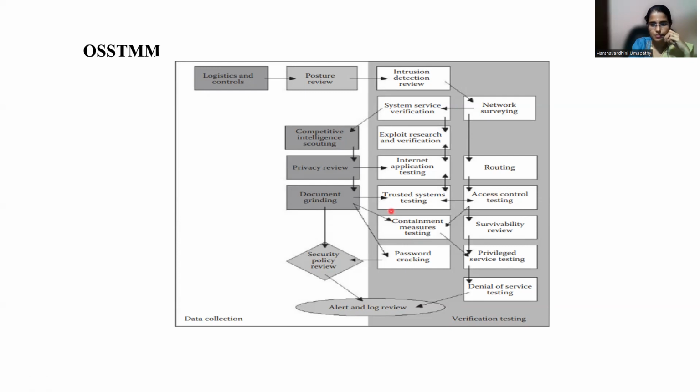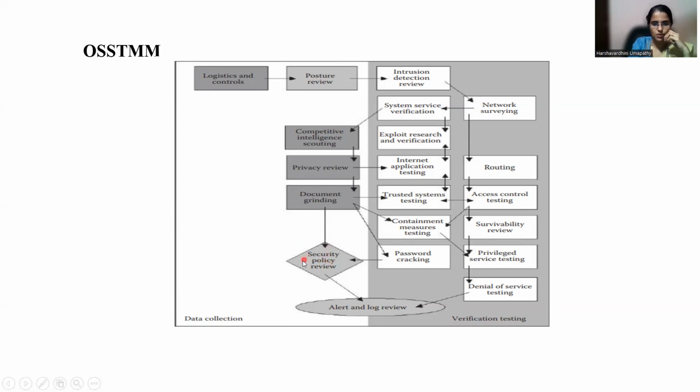Then next, based on trusted system testing and containment measure testing, there are four important components: access control testing, vulnerability review, privilege escalation testing, and the last one is denial of service testing. These are all combined to form an alert and log review, which is based on the security policy review.